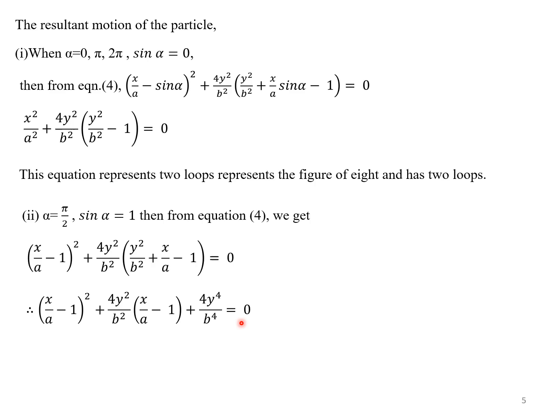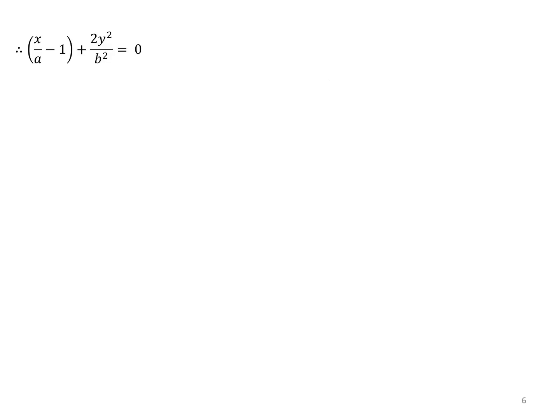Then rearranging, we write for this equation, x divided by a minus 1 plus twice y square divided by b square, bracket square, is equal to 0. Hence, we get x divided by a minus 1 plus twice y square divided by b square is equal to 0.